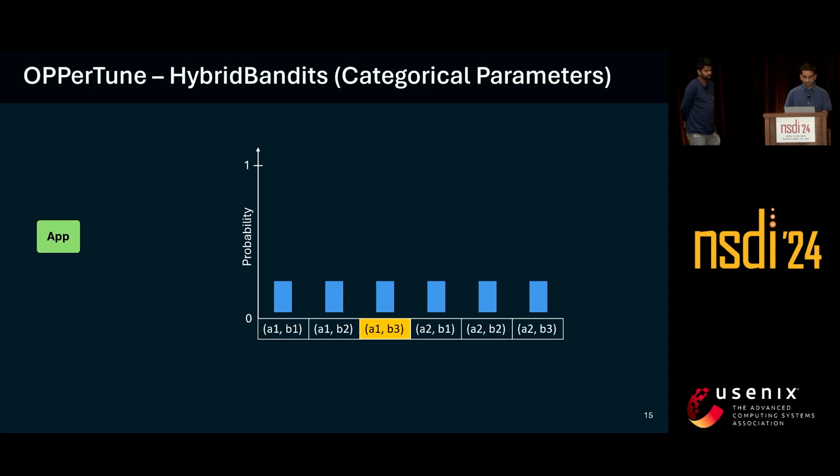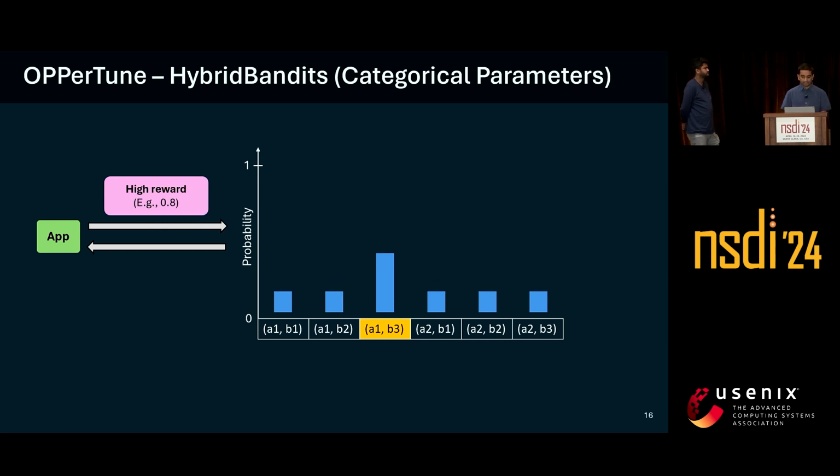Let's say the combination A1, B3 is chosen by the algorithm. These values are sent to the app as the prediction. Let's assume the app uses these values and gives back a high reward, which indicates that these values were good. The algorithm then uses an update rule to increase the probability of this combination getting selected in the future.